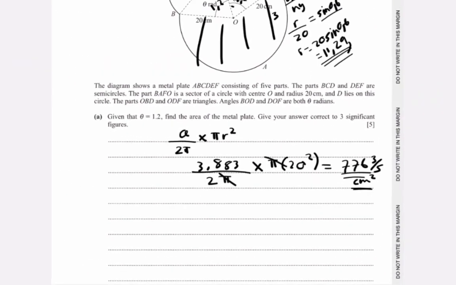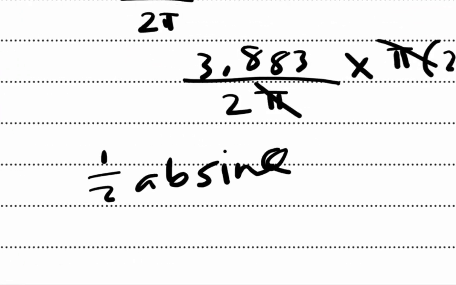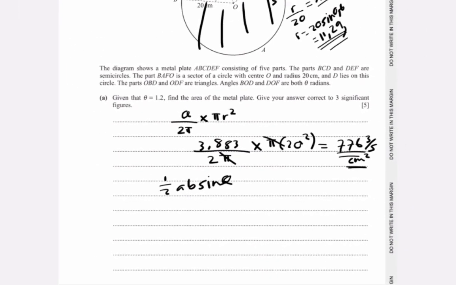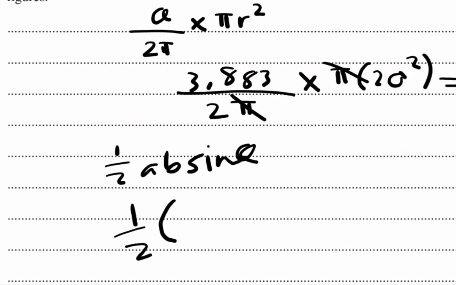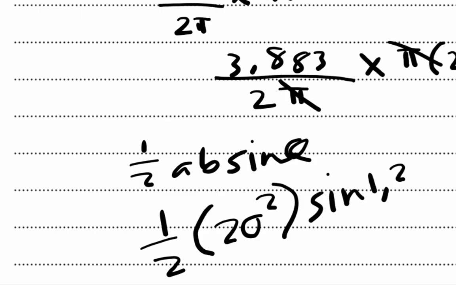And for the two triangles, we're going to use half ab sine theta, with a and b being the two sides that are making the angle theta. We know they're both 20, so we can say 20 squared over 2, and sine 1.2.